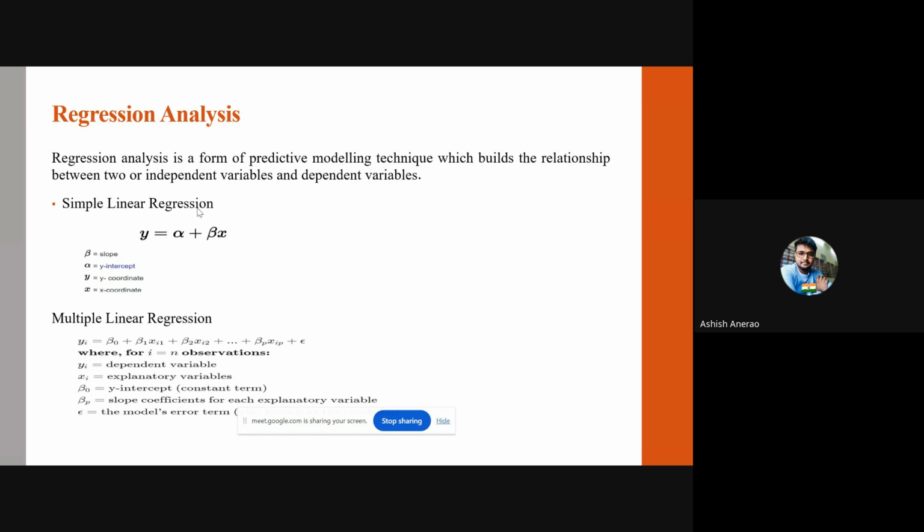Now the same for multiple linear regression, when we have more than one independent variable, like 2, 3 or some n independent variables and one dependent variable. For example, my annual income is a dependent variable, and there are many factors affecting it, like salary, income from farms, income from other work.